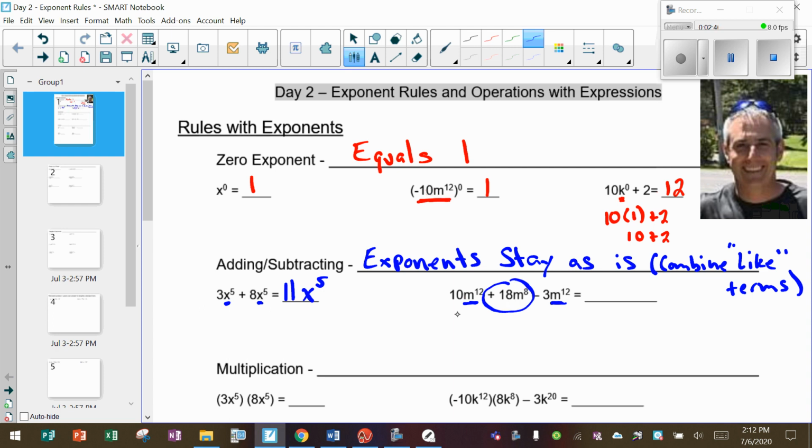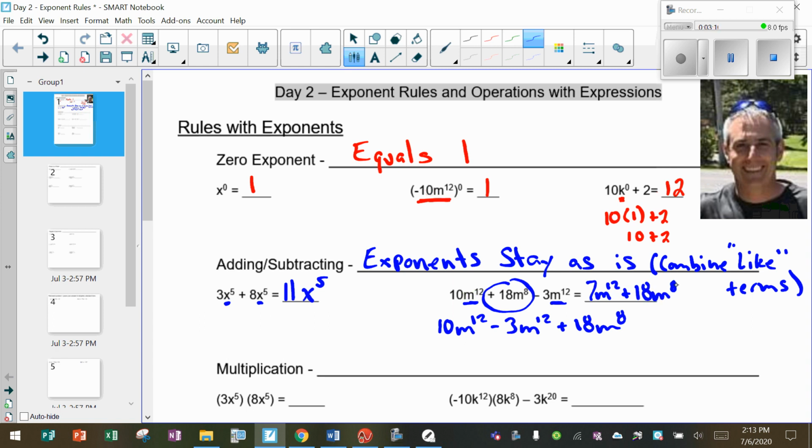So this is basically 10 minus 3, because if I group the like terms next to each other by using the commutative property, which means I'm allowed to rearrange my items in my addition problem, I can put the 10m to the 12th minus 3m to the 12th, making 7m to the 12th first. And then I carry along and keep the 18m to the 8th the way it is.